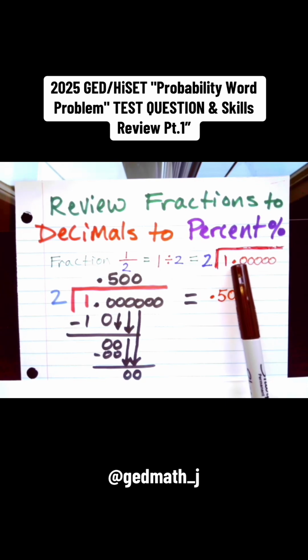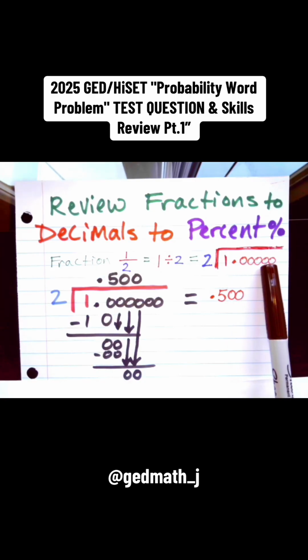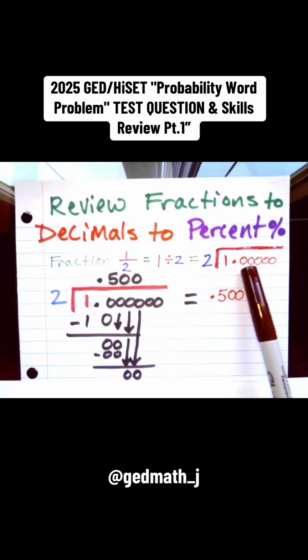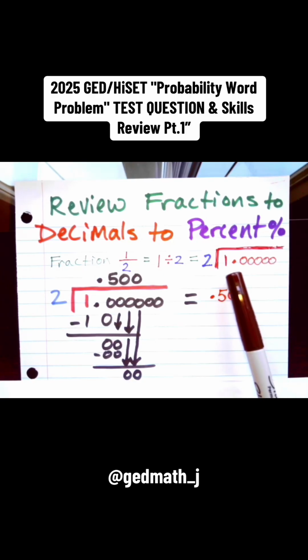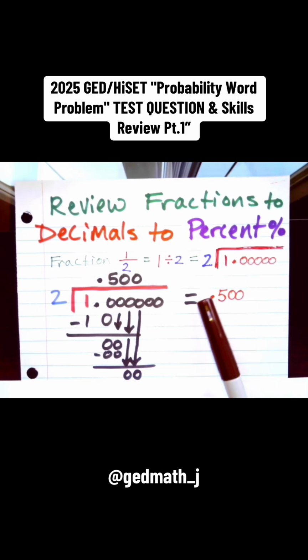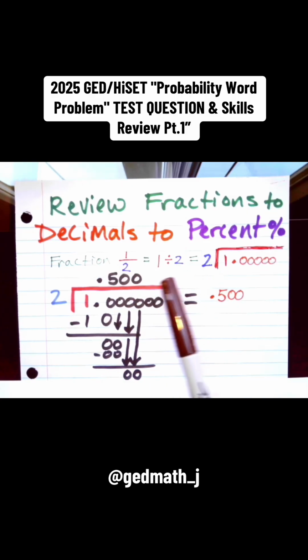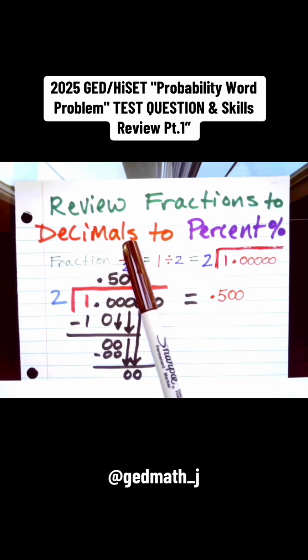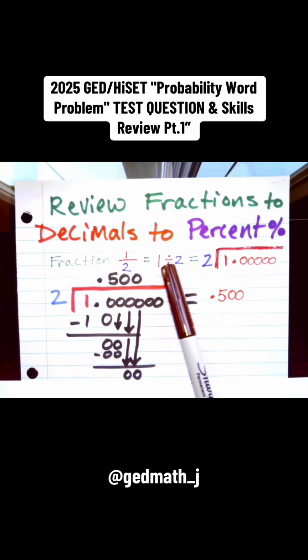Show that decimal, and then you can add as many zeros as you like. You can go on to infinity if you like, but I think 5 zeros to the right of the decimal will be enough. So I want to continue turning this fraction into a decimal, because every fraction is a division problem.